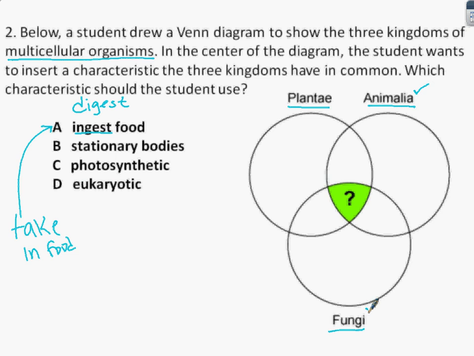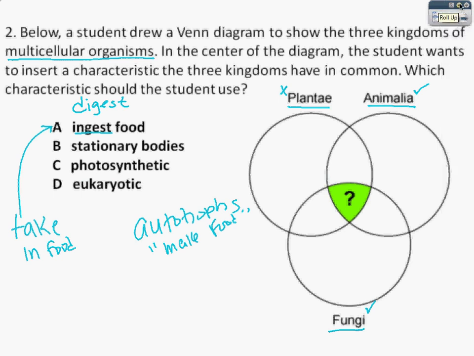Fungi, that's your bread molds and things, they're actually eating things. We've talked about that. Do plants? Yes, some plants do eat food, but they all need photosynthesis. They all are autotrophs. They make their own food. So that means A is not correct.